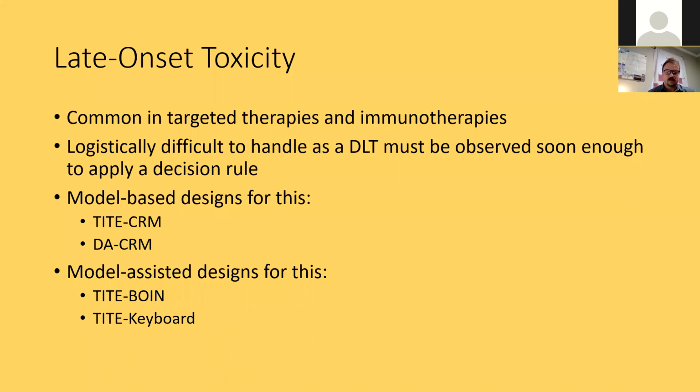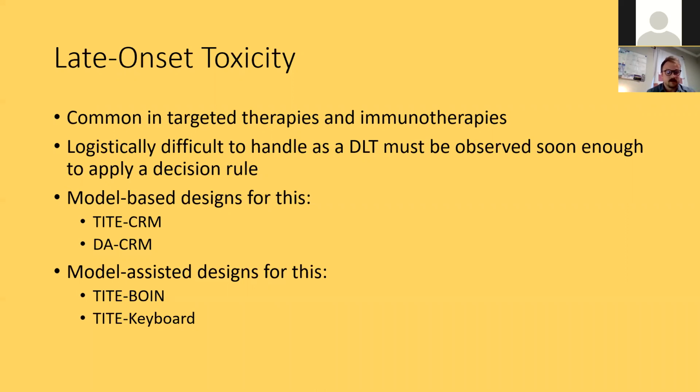So one last thing, as I mentioned, with the 3+3 design, it's really hard to deal with late-onset toxicity, which is actually pretty common in targeted therapies and immunotherapies. It's logistically very difficult to handle because we can't make a decision in the 3+3 design until we've observed a DLT.